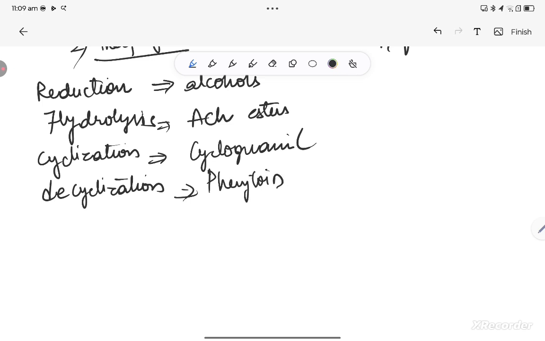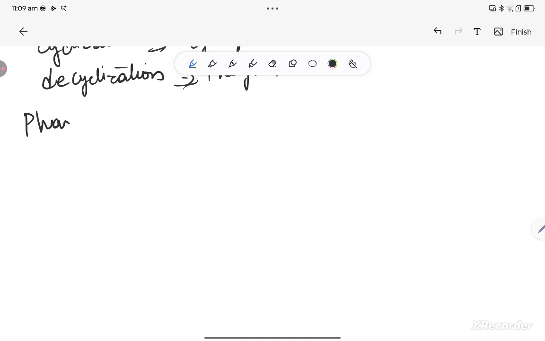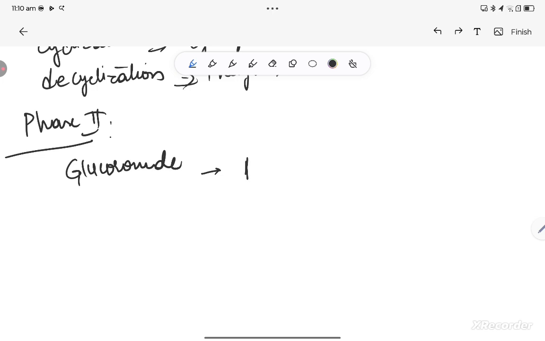Now comes phase 2. Phase 2 is also called functionalization reactions, where a group gets added to it. Best example for this is usually glucuronide conjugation, where a glucuronide moiety will be added. Best example for this is your paracetamol, morphine. Let us remember morphine.